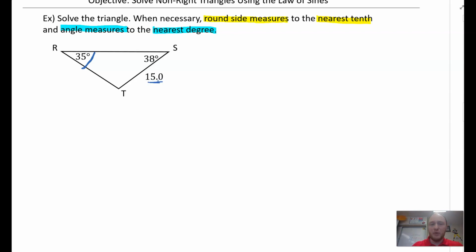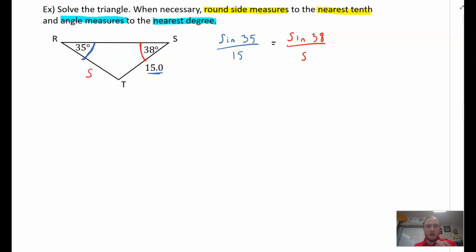If I want to solve using the law of sines, I know that this ratio, sine of 35 over 15, is going to be equal to, well, what else am I given? I'm given 38 degrees here, and its corresponding side is directly across from it, which I'll call little s. So it's equal to the ratio of sine of 38 degrees over little s. Now solve for s. That'll give you the side.